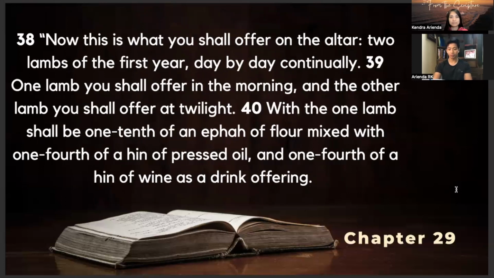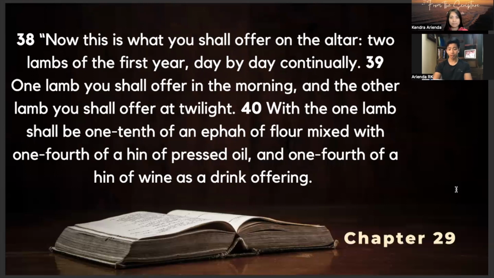Now, this is what you shall offer on the altar: 2 lambs of the first year, day by day continually. 1 lamb you shall offer in the morning, and the other lamb you shall offer at twilight.